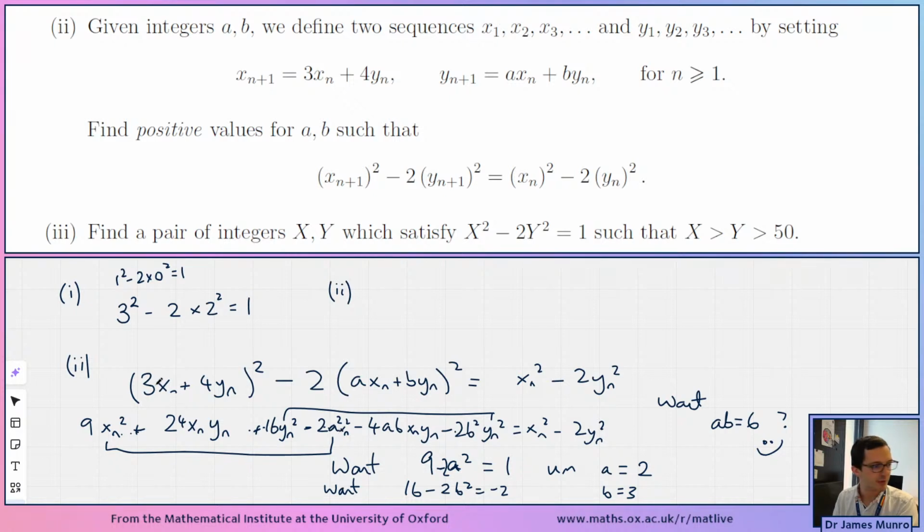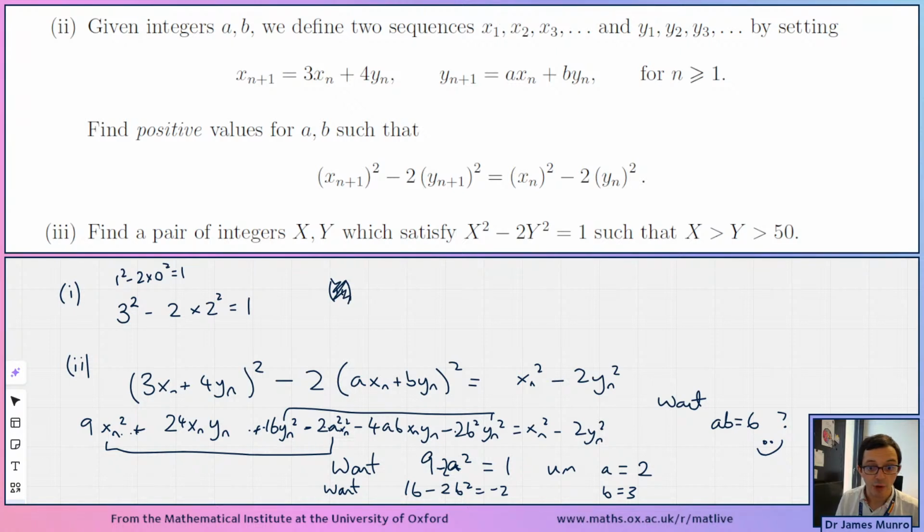Technically it only has to hold for numbers that are in the sequence, but the only way I know to think about this is as coefficients of x squared and y squared and of xy, which is slightly overkill, but I think it's good.